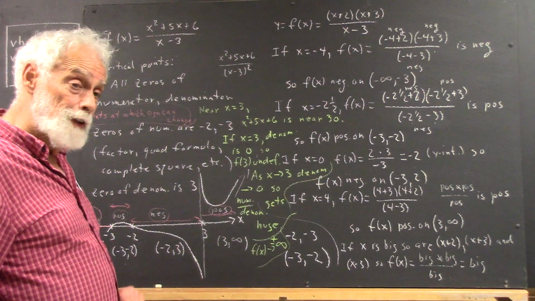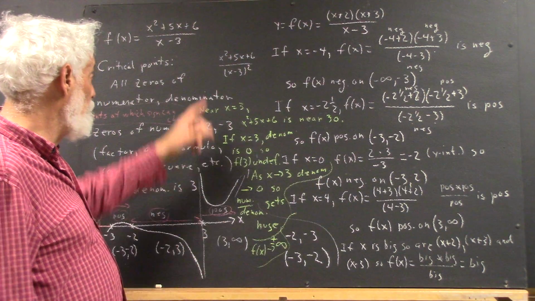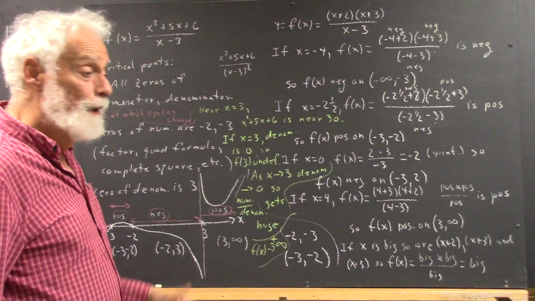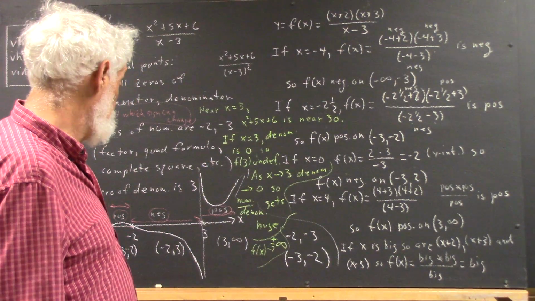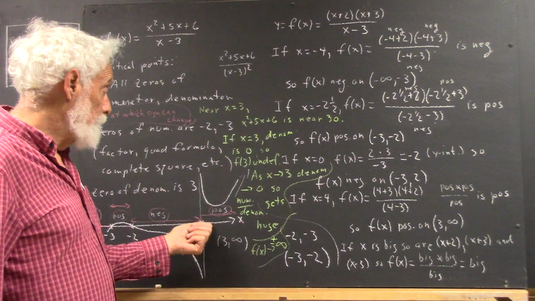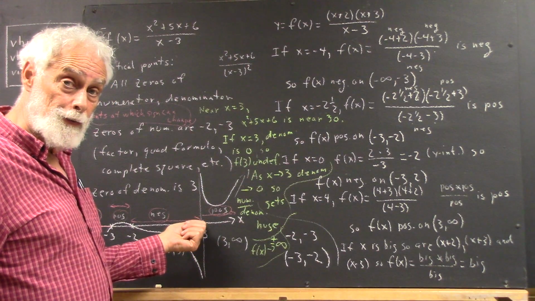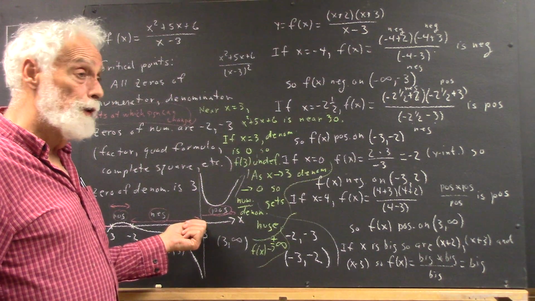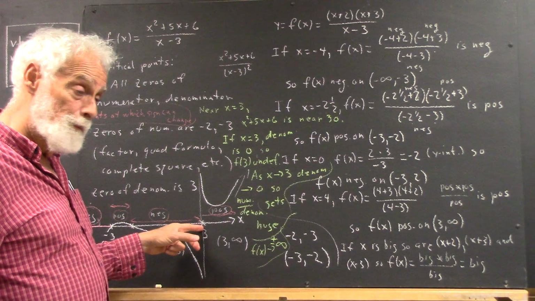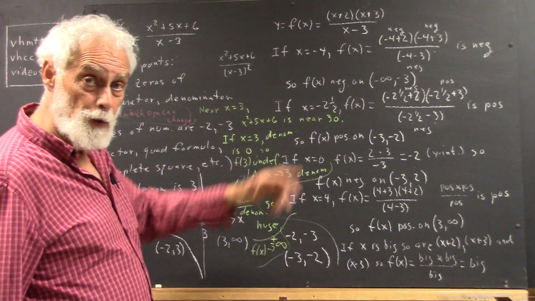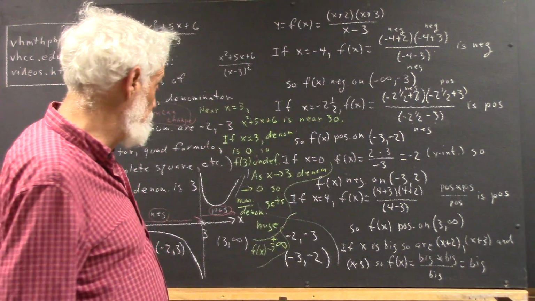Okay, on the positive side, if x is a little bigger than 3, then x minus 3 will be positive. Anytime x is bigger than 3, if you subtract 3, you get a positive number. But as x gets closer and closer to 3, that positive number gets closer and closer to 0. A positive number that gets closer and closer to 0, when divided into 30, gives you a bigger and bigger positive result.